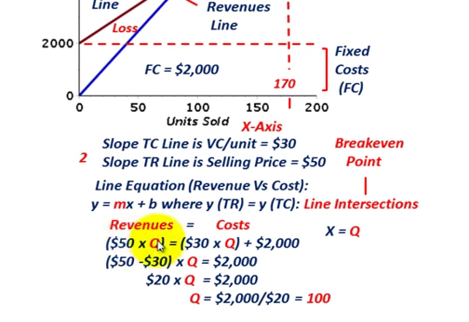We're trying to solve for the quantity. That revenue line is going to equal the cost line, where we have the variable cost of $30 per unit times Q. Again, Q is the quantity we have to solve for, but we have to add in that fixed cost of $2,000.